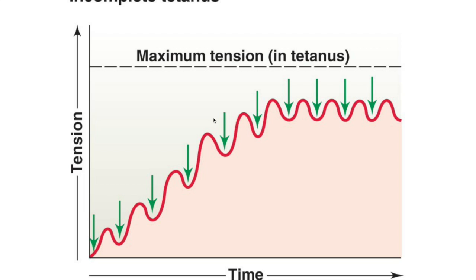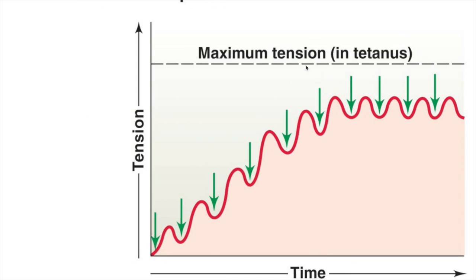This figure shows what's called incomplete tetanus, when a muscle produces almost peak tension due to rapid stimulation. So its maximum tension is up here, and it's doing wave summation, and it keeps stimulating this muscle very rapidly. This would be called incomplete tetanus because we haven't quite reached the maximum force.